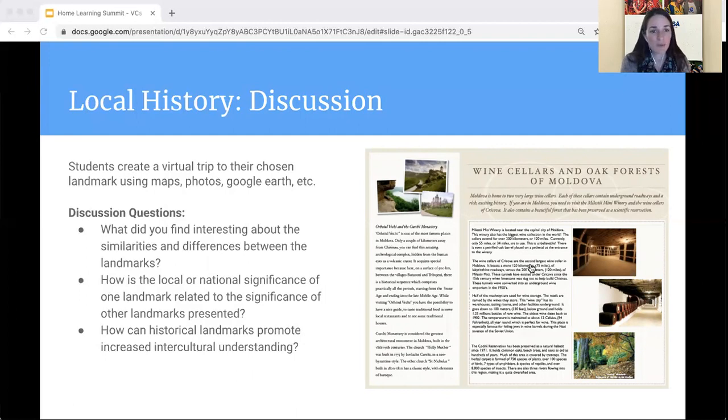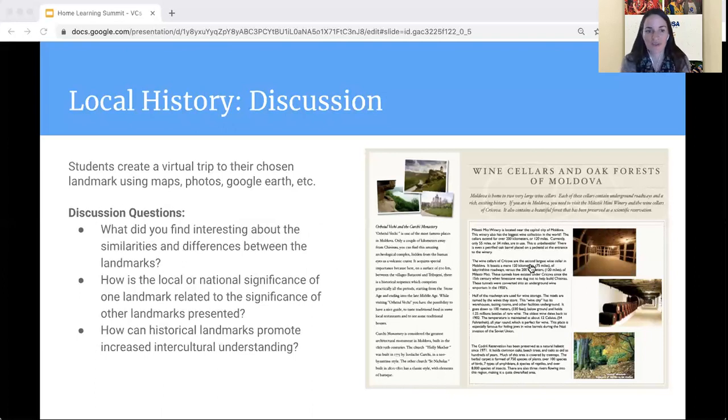Okay, and some important questions to think about for discussion and engaging the students in that cultural exchange is what did they find interesting about any similarities or differences they've seen between their local landmarks? And another good question is how is the local or national significance of one landmark related to the significance of other landmarks?